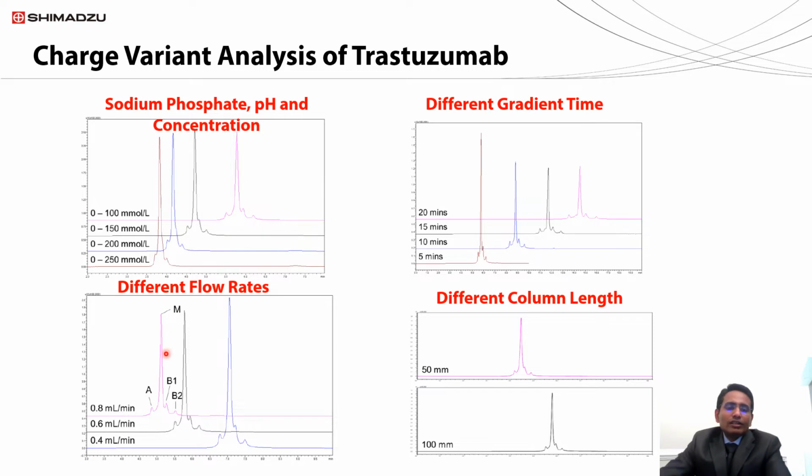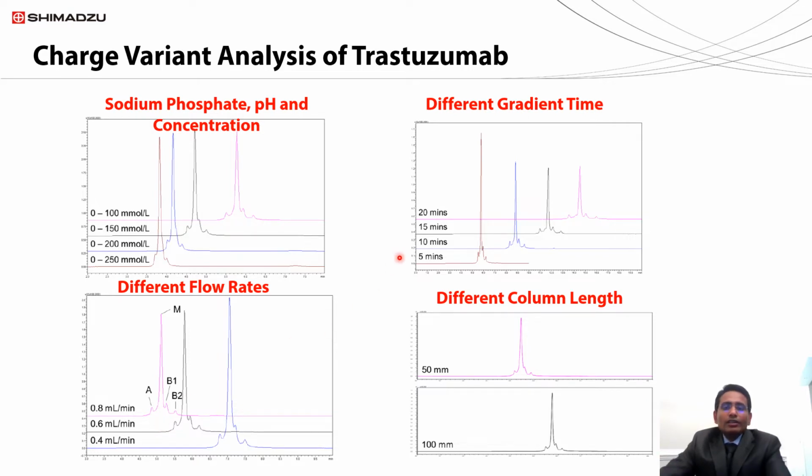On the other hand, a little bit lower flow rate also gives very nice peaks, but if we go too low, it didn't give the same separation. So you can see at 0.8 mL per minute, we can see the separated peaks better.